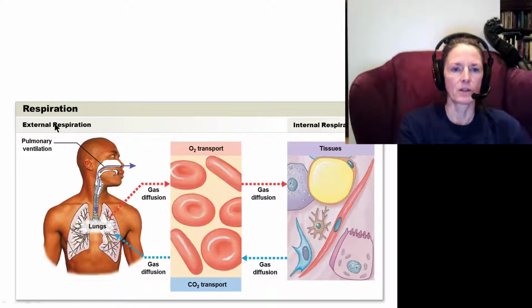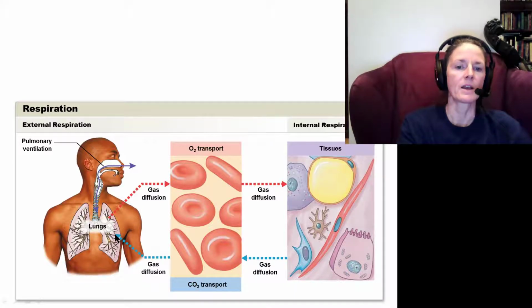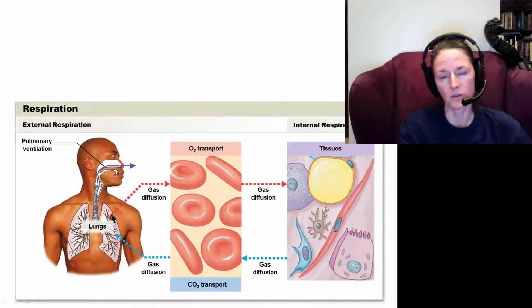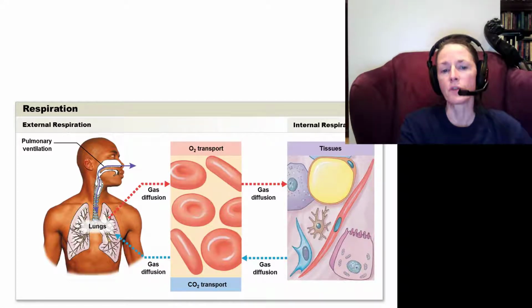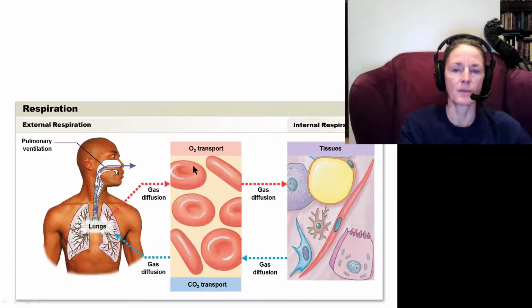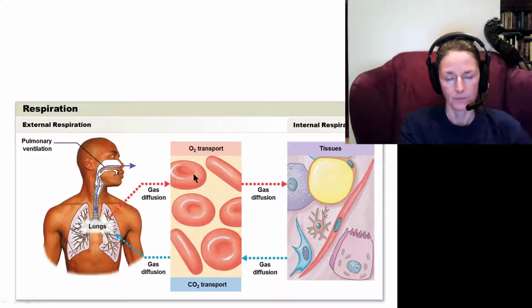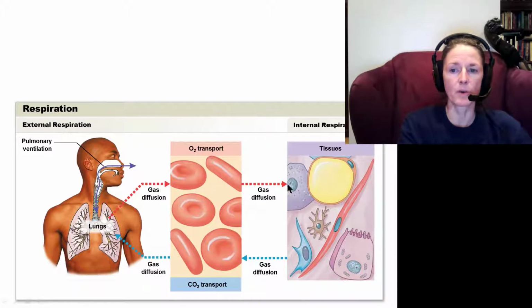All right, so here is our pulmonary ventilation. That is the act of bringing air into and out of the lungs. We have our gas diffusion from the alveolar surfaces into the bloodstream, and we'll have oxygen coming this way, so oxygen will diffuse across the alveolar surfaces and then be picked up by the red blood cells, and then it will be transported to the interstitial fluids around cells, where it will then diffuse into cells that can then use that oxygen for their cellular respiration.